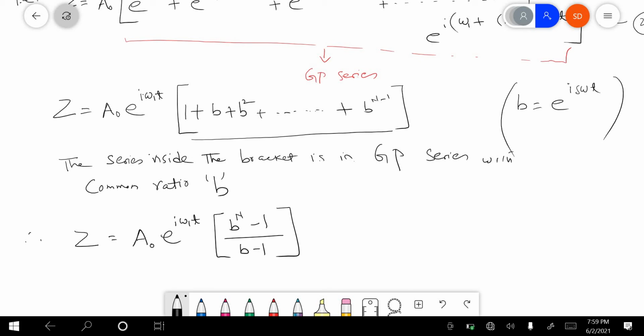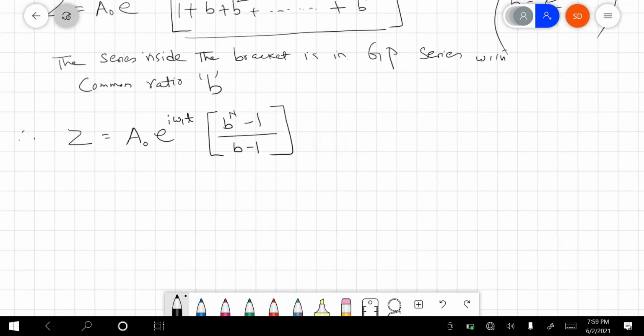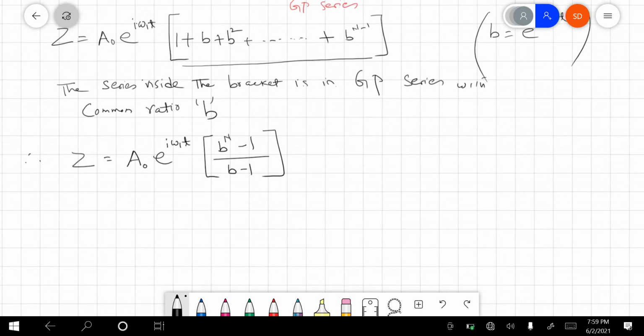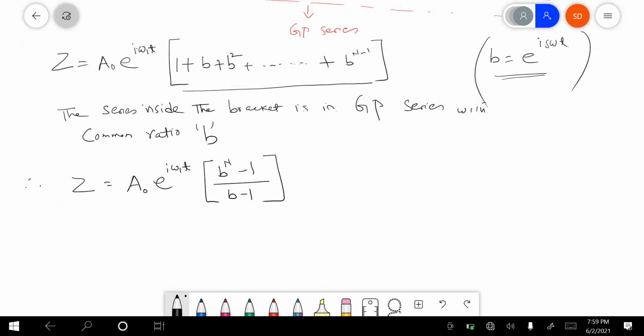Okay, as per formula, now we know that b is equal to e to the power i omega t, i del omega t.